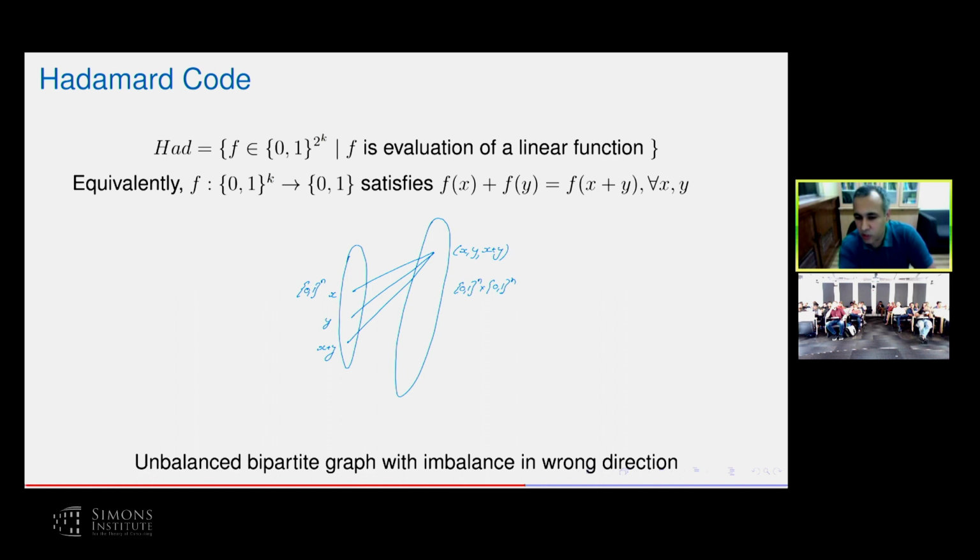Just a few of them are sufficient to completely determine the Hadamard code. Most of the other constraints on the right-hand side are actually redundant. But one might as well draw this bipartite graph between the codeword elements and all possible triples of constraints. So this is one natural one.